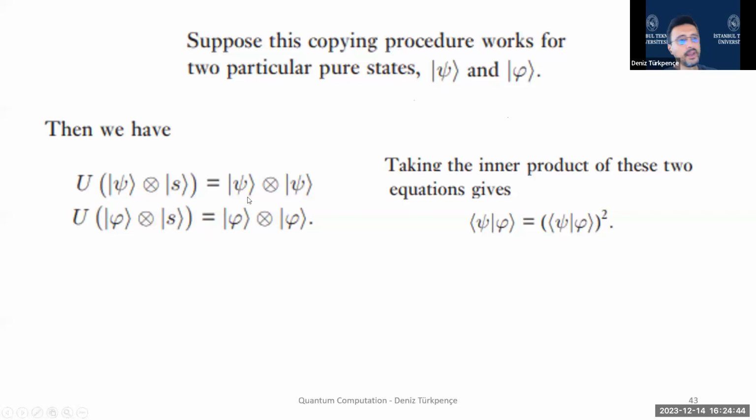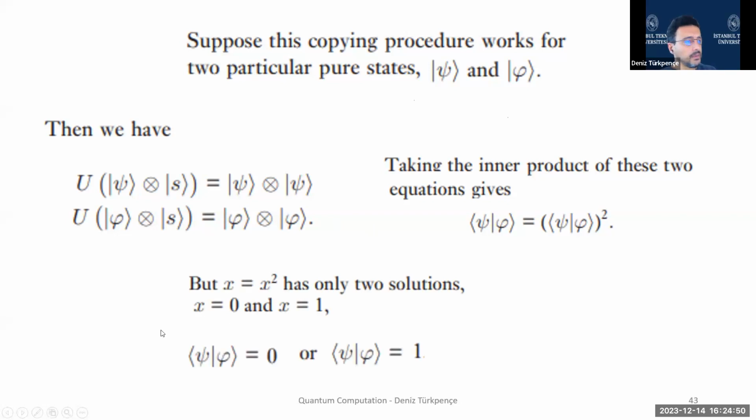What I have after all these operations is this solution. What does it mean? This means that this inner product can be 0 or can be 1. It cannot be another thing. Okay, I don't have another solution.